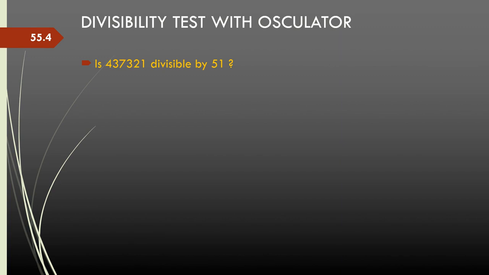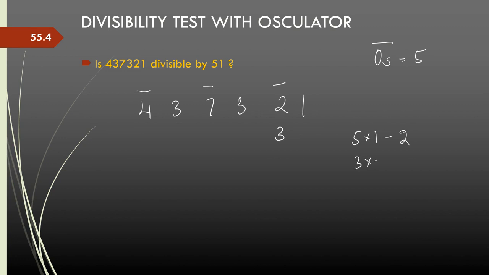Let us look at one more example. If I was doing 437321, checking for divisibility by 51, my OS bar in this case is 5. So, first step 5 into 1. Let me just mark the negative so that I don't forget. So 5 into 1 minus 2, that is 3. Then 3 into 5 plus 3, that is 15 plus 3 is 18.